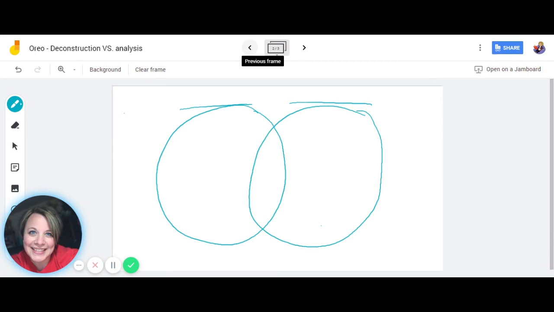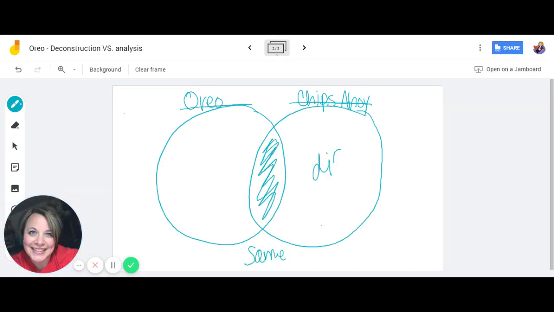If we go back to our Venn diagram, I could put my Oreo here and a Chips Ahoy on this side. And of course, when we do a Venn diagram, this section here, right, is what is the same. And these sections are what is different.